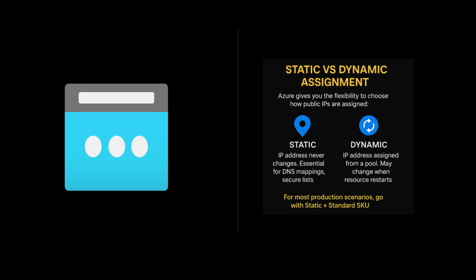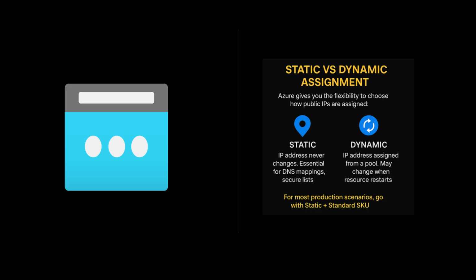When you're assigning public IP addresses in Azure, you have the flexibility to choose between static and dynamic assignment based on your needs. If you go with a static assignment, the IP address stays fixed. It never changes. This is especially useful when you're working with DNS mappings, creating secure access lists, or anytime you need reliable, consistent IP addressing.